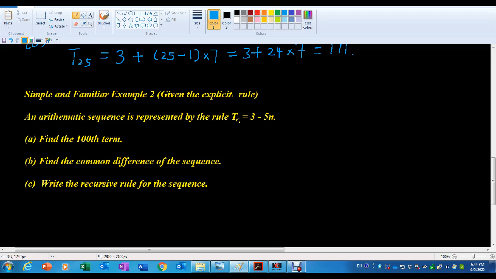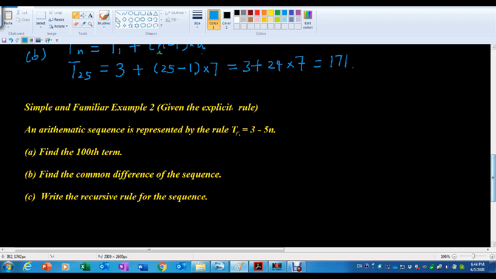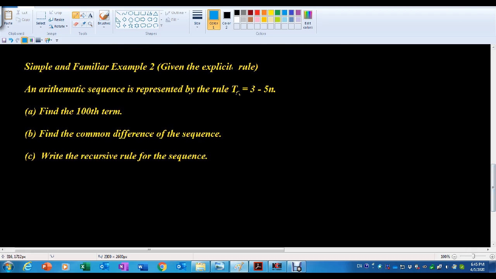So that's why it looks a bit different from the previous form. But actually, you could see we still have the essential variable here, that's n. Which means if you are going to find a particular term, you still need to plug in the n. So if you have that rule, how could you find the 100th term?